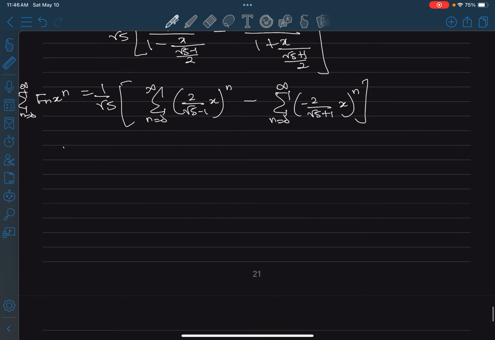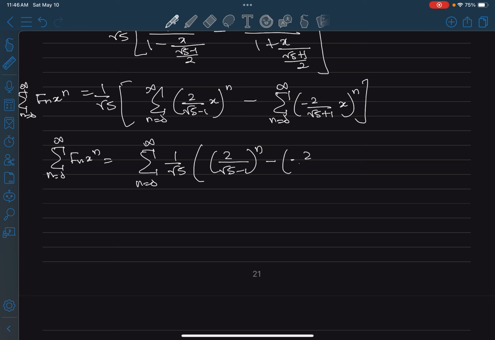So this becomes the sum from n equals 0 to infinity, and then I can take this 1/√5 in, and this gives me (2/(√5 − 1)) to the power n minus (−2/(√5 + 1)) to the power n, and then x to the power n, right?